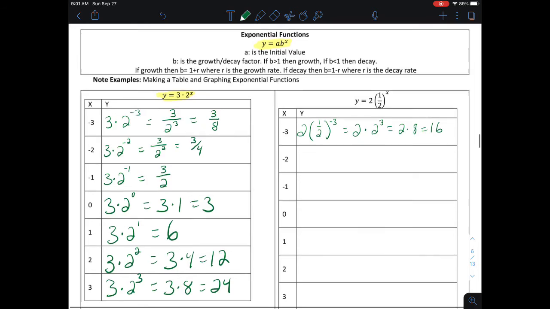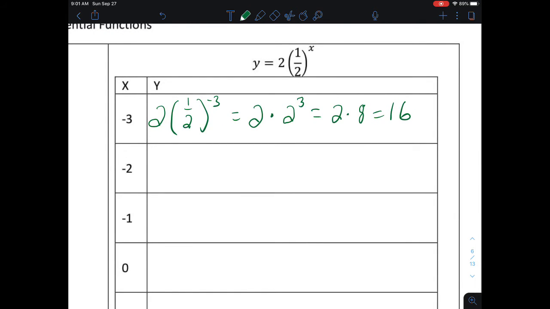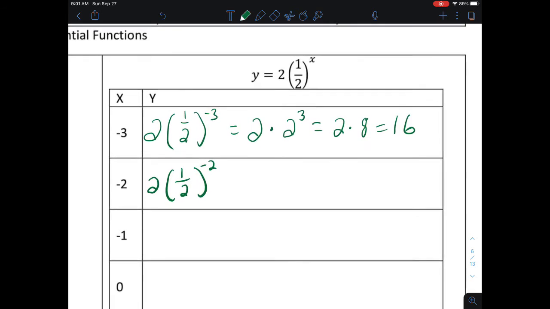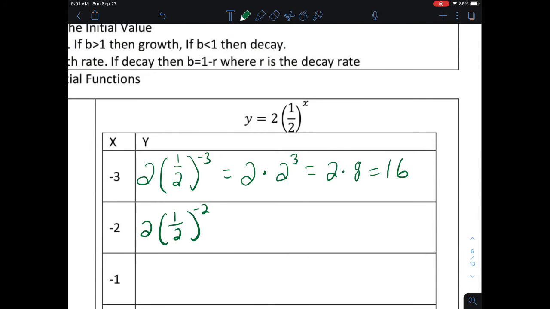Then we go to our next number. All right, and so we do the same thing again. So we get 2 times 1/2 to the -2nd power. Now, if you don't understand how the 1/2 to the -3rd became 2 to the 3rd, I'll do this one up over here to the side. So remember our properties of exponents.